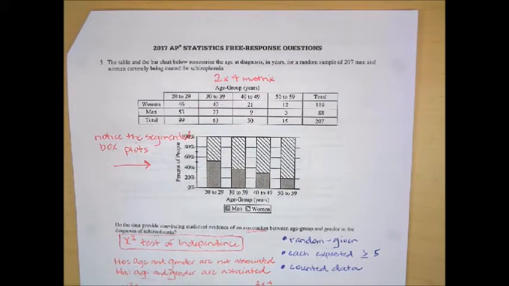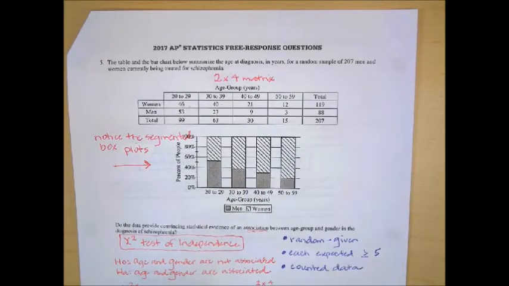It seems to be that the older you get, the more likely the person being treated for schizophrenia is a woman and not a man. So my gut reaction is there does seem to be an association, and that association is exactly what I just said. It appears that the older you get, the more likely the person is a woman.